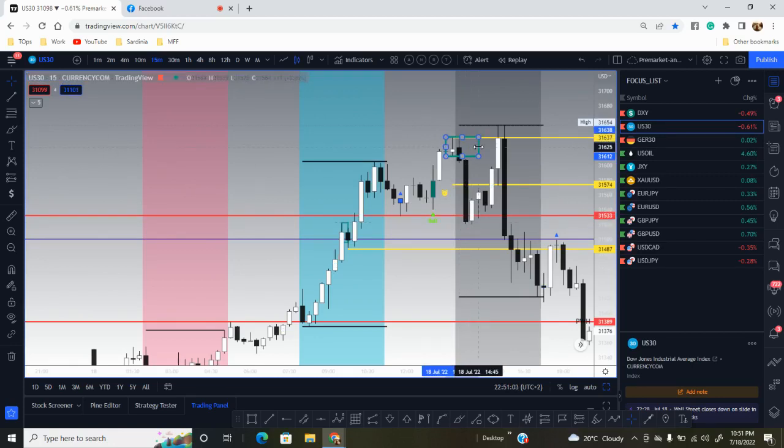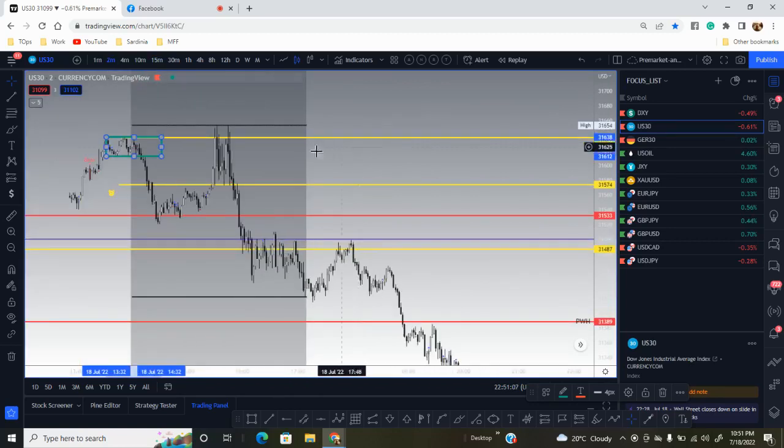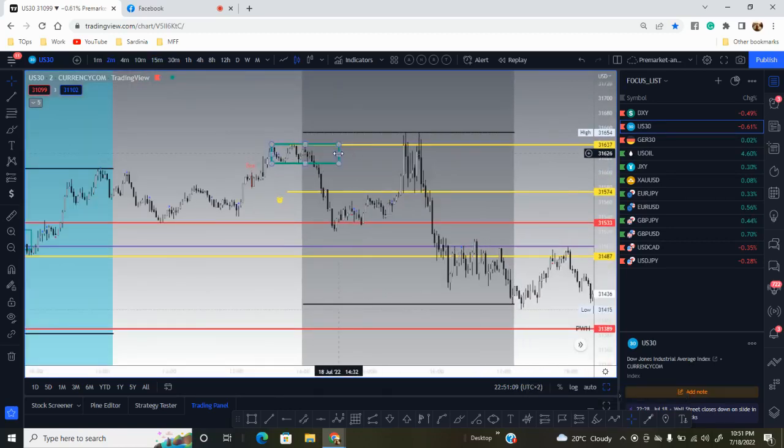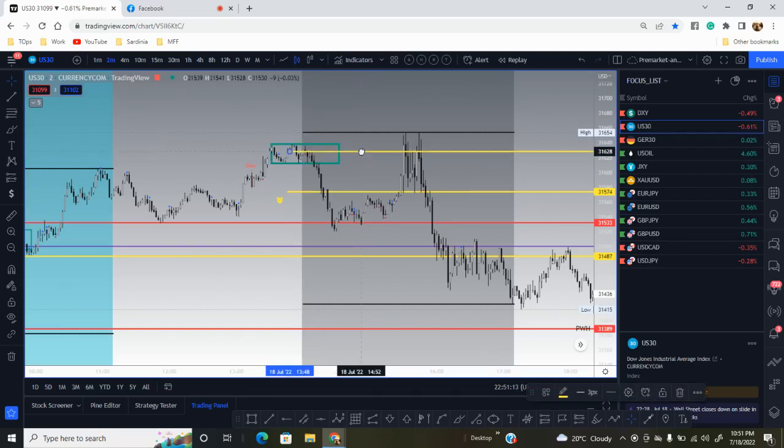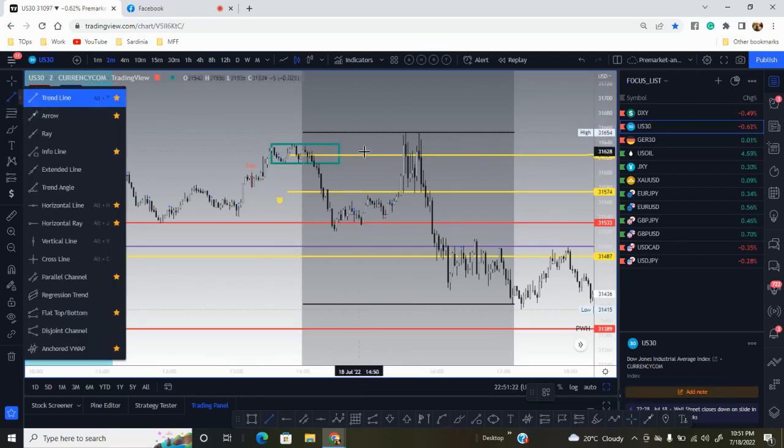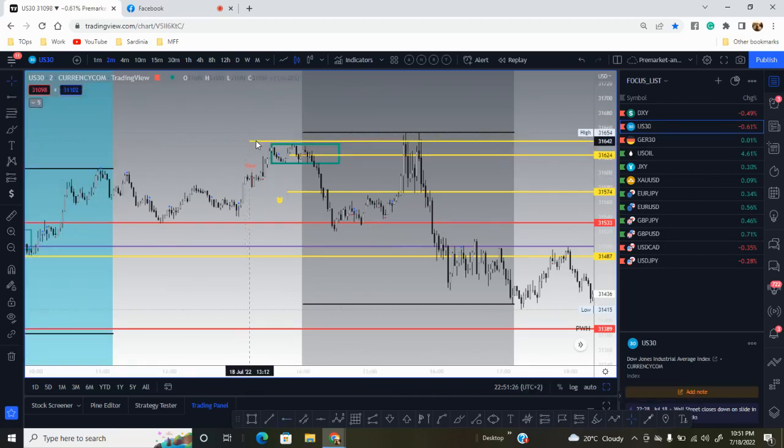So I was looking for a pullback to here, pero nangyari, ang pullback niya medyo nagsobra. So, kaya yung limit order ko dito, mayroon akong limit order na nakalagay sa gitna nitong green box, ay na-stop out. Kasi usually, nag-enter ako dyan, limit order, then yung stop loss is above the green box.